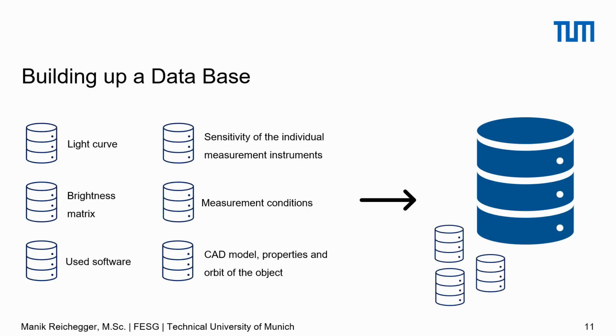Another great goal of the project is also the development of a database. In addition to the multistatic light curves, necessary data for the simulation will be stored there. This includes the brightness metrics, the CAD model, software packages we use for the analysis, data containing information about the sensitivity of the measurement instruments, and the measurement conditions while observing.